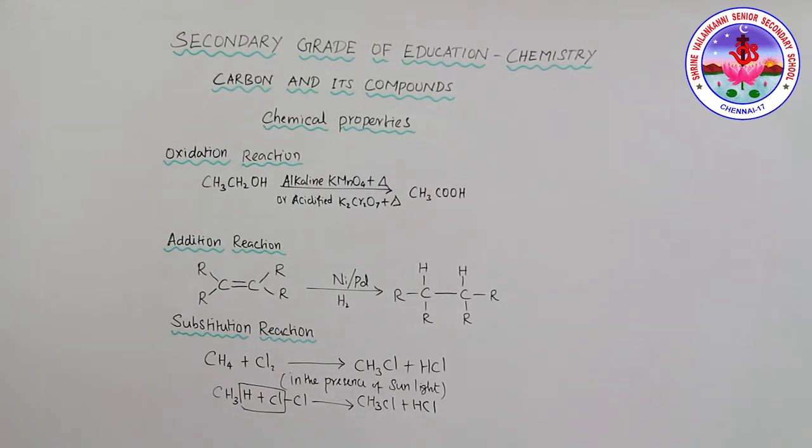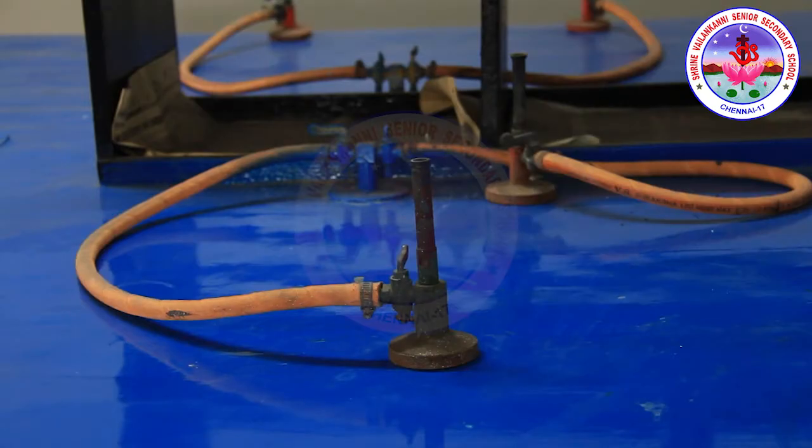Next we will see some important carbon compounds like ethanol and ethanoic acid. Now the students will see some activities: how the combustion reaction takes place, and then the oxidation reaction. Hi students, now we can do one activity, that is combustion of fuel.